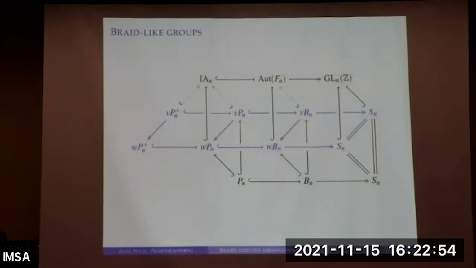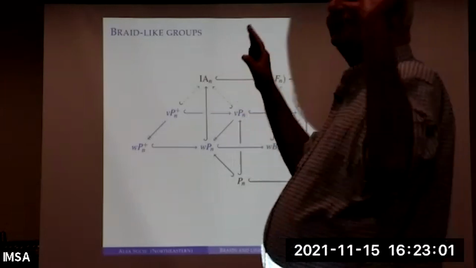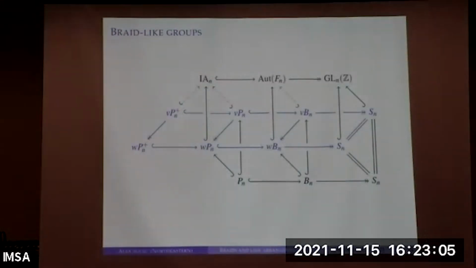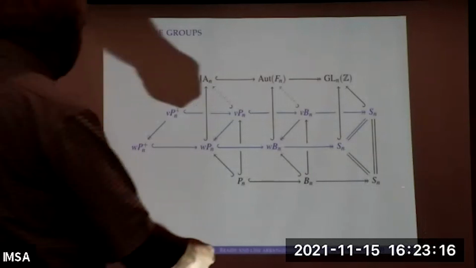Let me talk about braid groups. Okay, so this is a diagram I want to explain. If you stopped paying attention, you can wake up now, smell the roses, and look back at the board. This is a diagram involving braid groups and all sorts of related groups. This is the most familiar one.